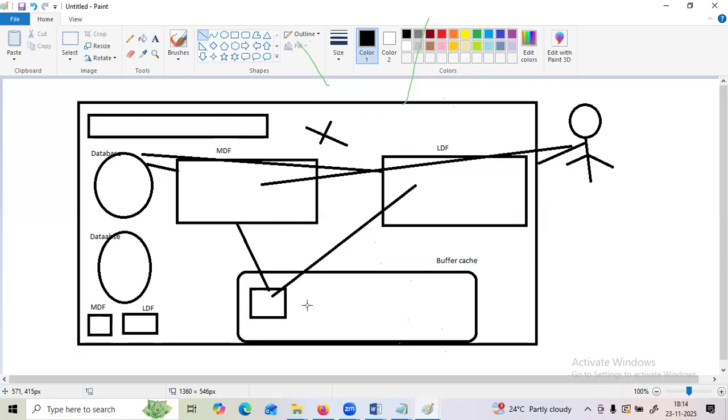Once we put it in the buffer cache, SQL Server starts modifying the data in the page.